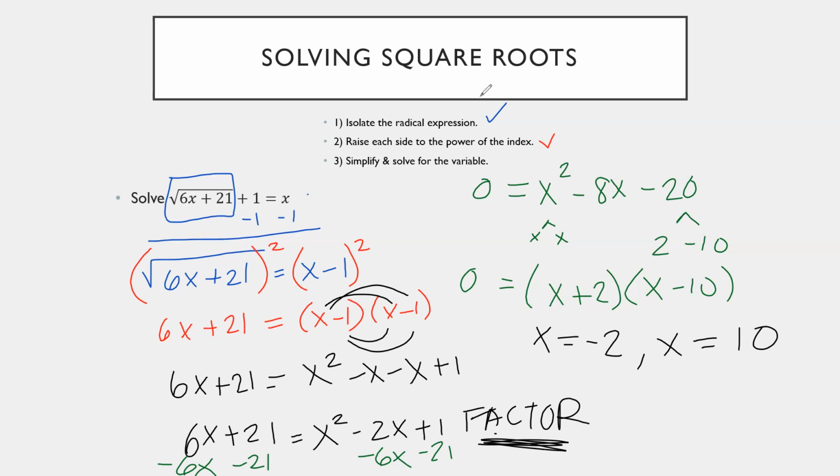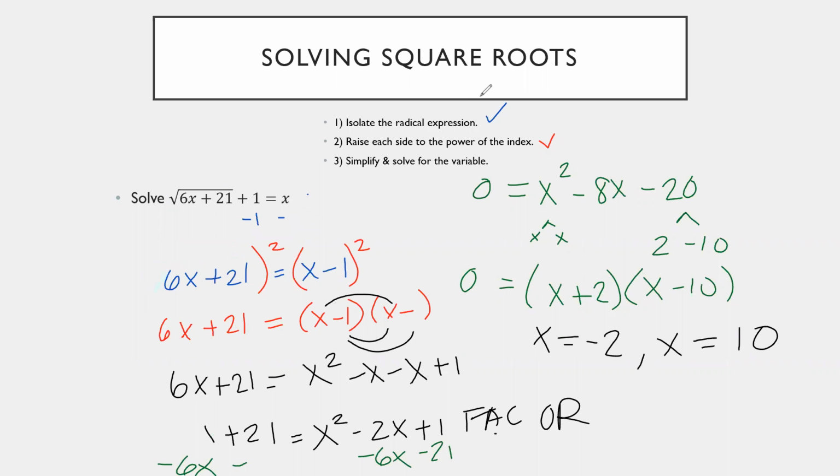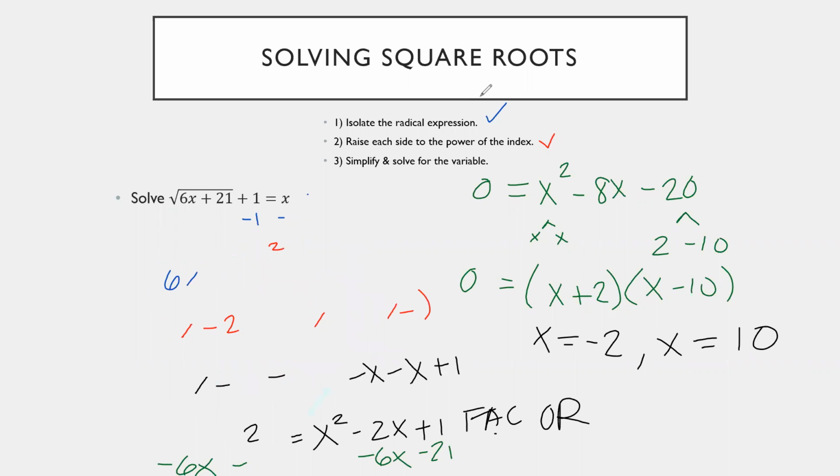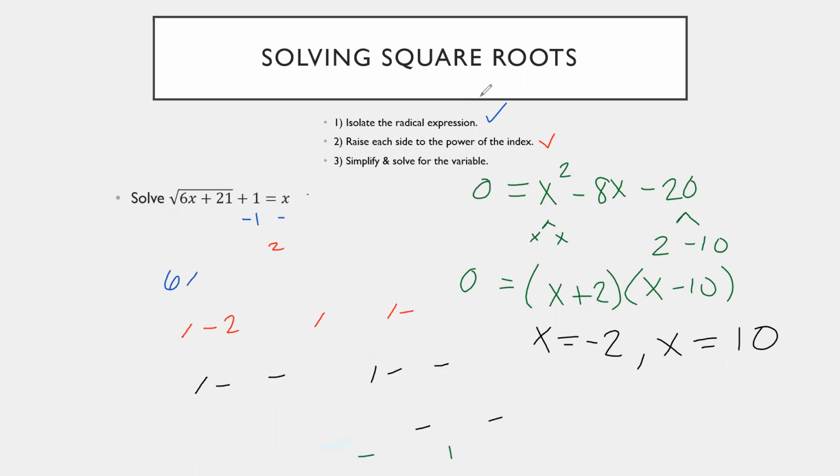So if we're going to check these, hold on a second, I'm going to erase all the stuff on the left side just so that I can have some space to show you checking for extraneous solutions. I'm telling you that factoring keeps coming back even when you don't want it to.